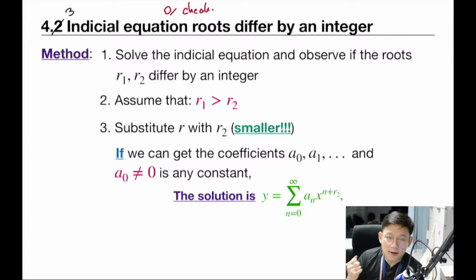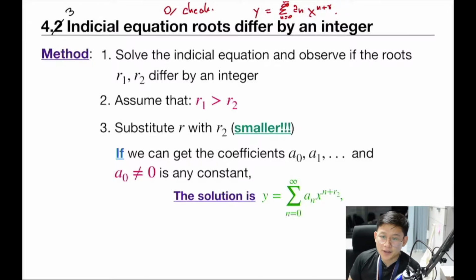After that we write down y equals the summation, n from 0 to infinity, of a_n x to the n plus r. Then we go through all the messy process and get the indicial equation and the recurrence relation. After that we solve for r1 and r2.